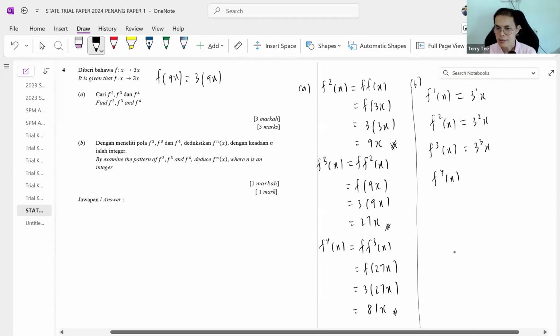Your f4(x) is 81x, 81 is 3 power 4. So therefore, what is fn(x)? There's a pattern here, right? f1 is 3 power 1, f2 is 3 power 2, f3 is 3 power 3, f4 is 3 power 4, so fn is 3 power n, and your n is an integer: 1, 2, 3, and so on. Okay, simple.